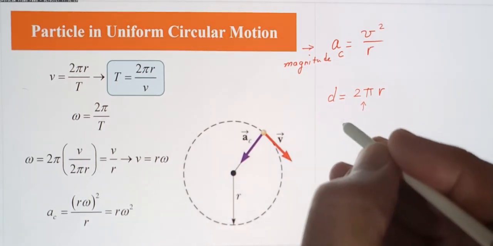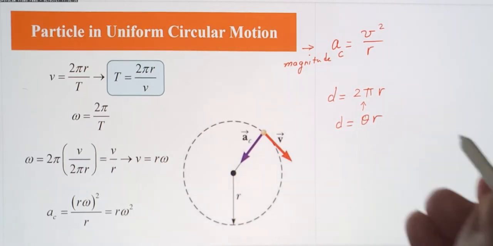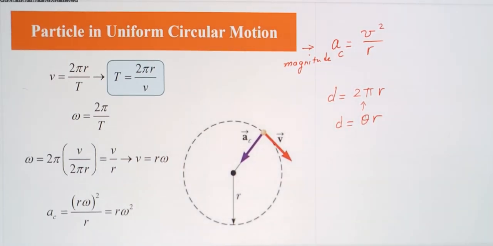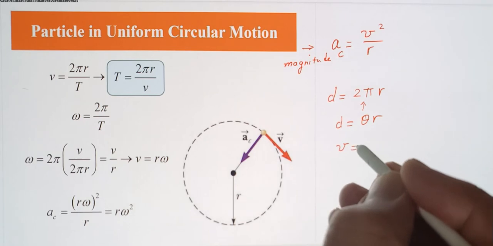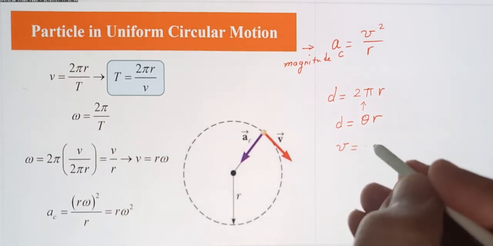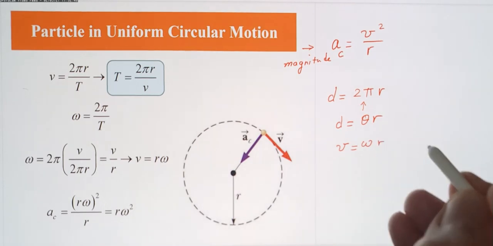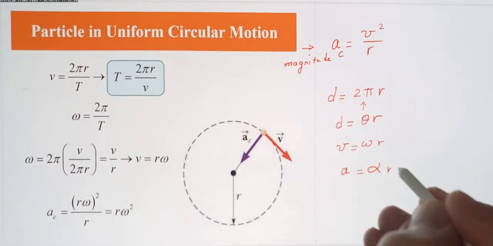So that means d is equal to theta r. V is equal to omega r. A is equal to alpha r.